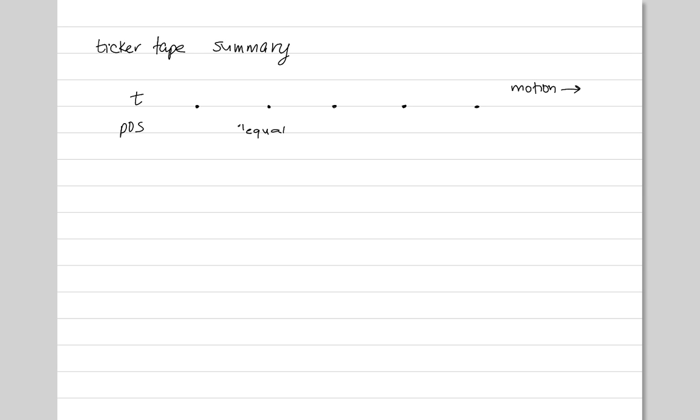So equal space between points, therefore uniform motion. Okay, if it's uniform motion, you have constant velocity. Therefore, acceleration is 0.